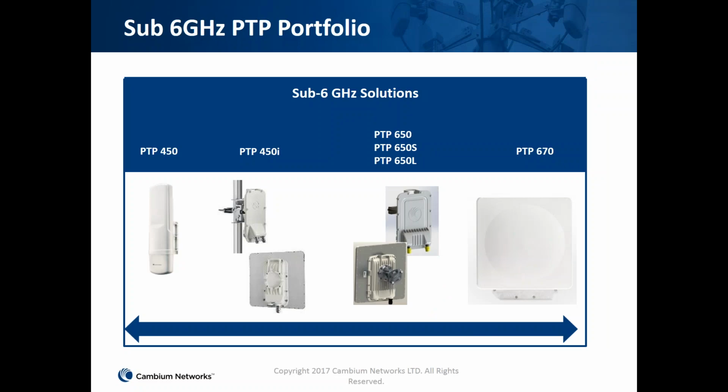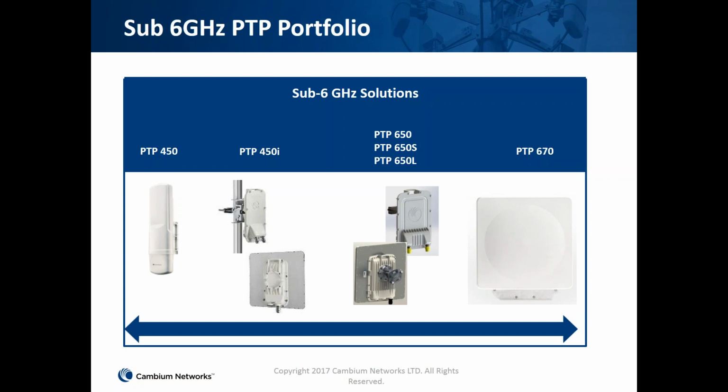Our sub-6 PTP portfolio is a very diverse group of products. We have products ranging from the PTP 450 all the way to the PTP 670, which is our latest product line. As you see on your screen, you have the PTP 450 on the left, and each of these products has a uniquely distinct feature.